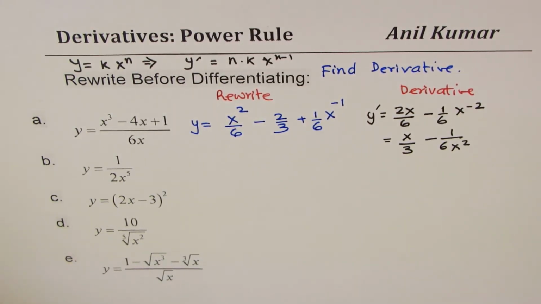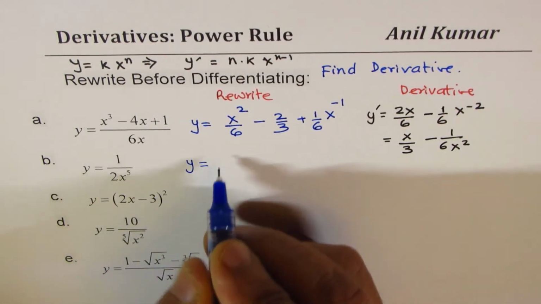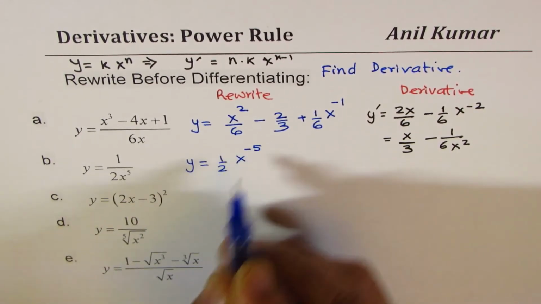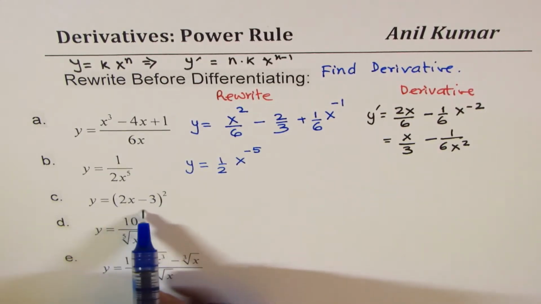So this is an exercise for you. You can pause the video, answer the question, and then look into my suggestions. Now the expression here could be written as y equals half of x to the power of minus 5, correct? Here what you can do is actually expand it.